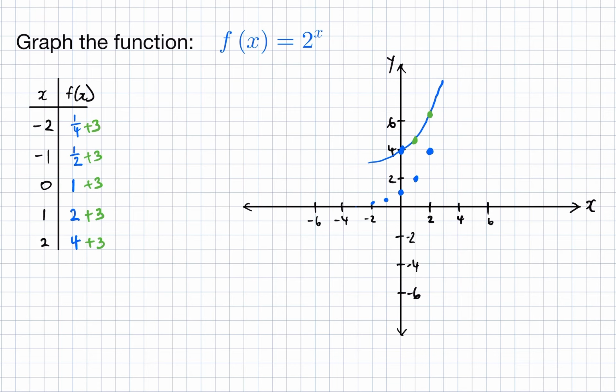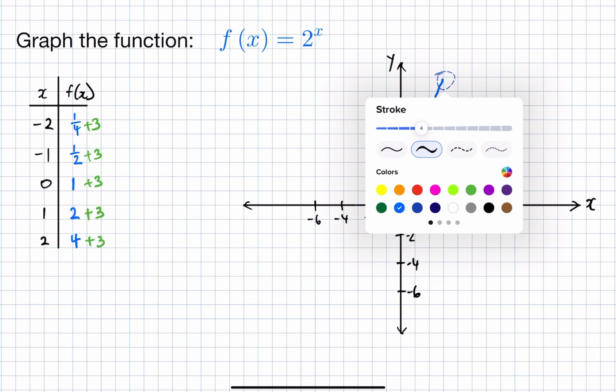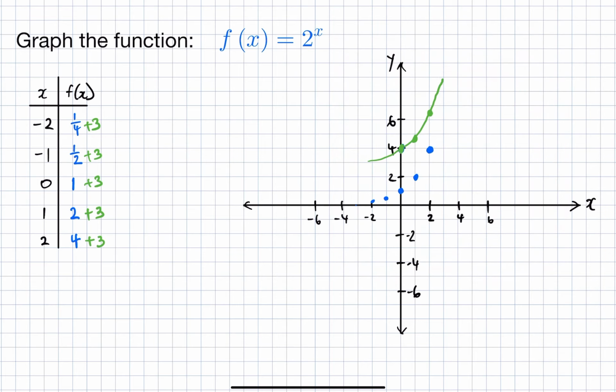Well, what does that function look like? If we were to rewrite that function, this green function, this function is the same as what we started with, 2 to the x power, but we just add 3 to our y piece.